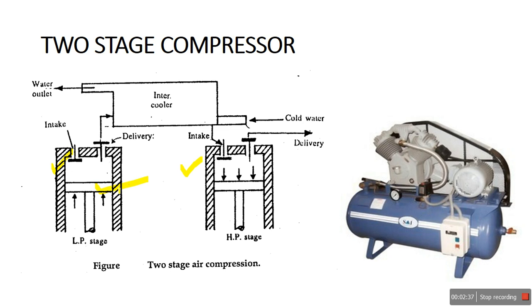What is the need of the two-stage compressor? Instead of performing full compression of air in a single cylinder, the air is compressed successively in two or more cylinders. To achieve a high pressure, rather than a single stage, it is carried out in two stages.